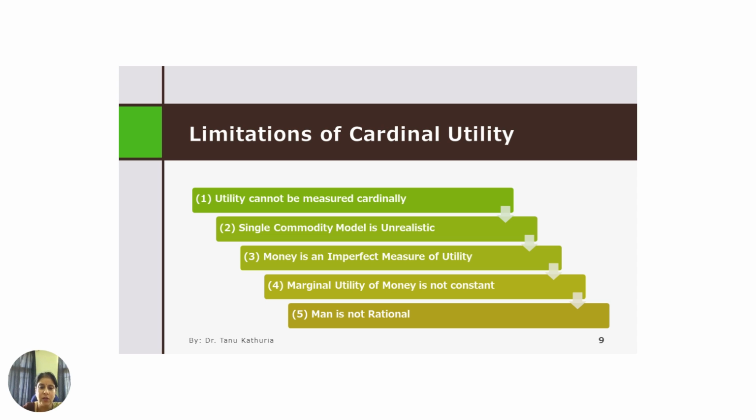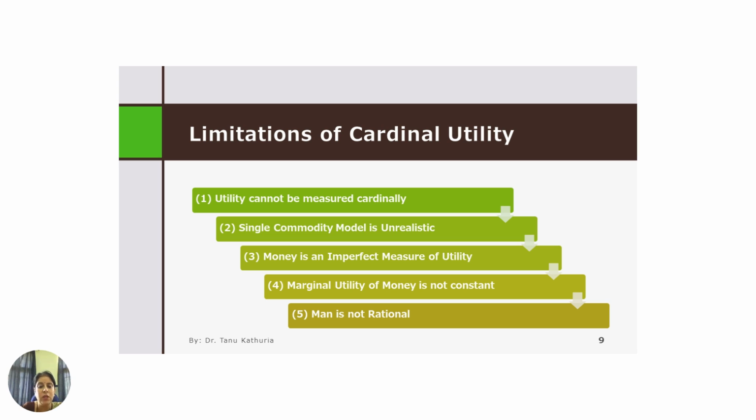I cannot measure the utility in terms of money because when I wear diamonds, which are the costliest stone a human can wear, they do not give me any real utility. It's just that mentally I'm getting satisfied that yes, I'm wearing diamonds. So basically, we cannot say that money is the perfect measure of utility.